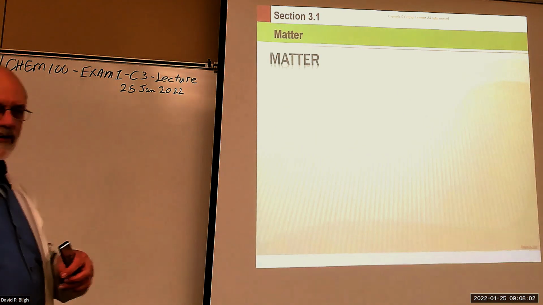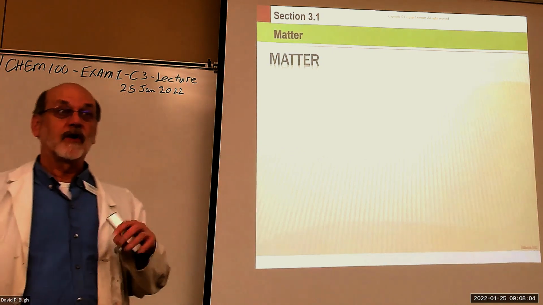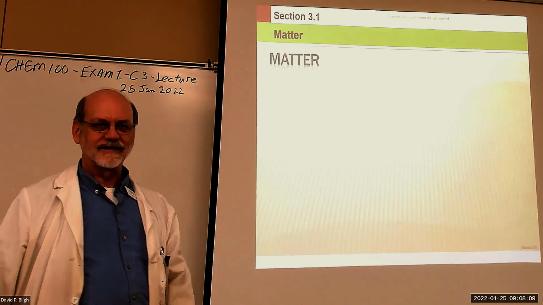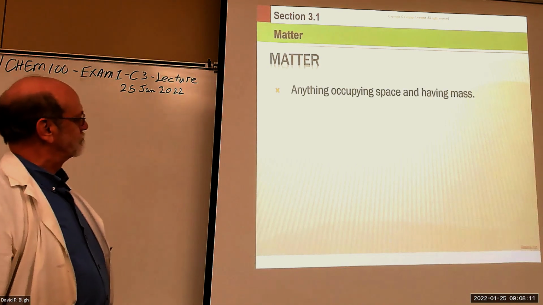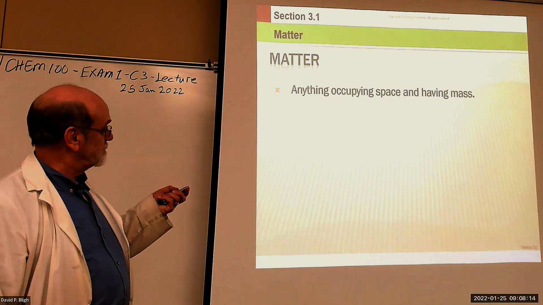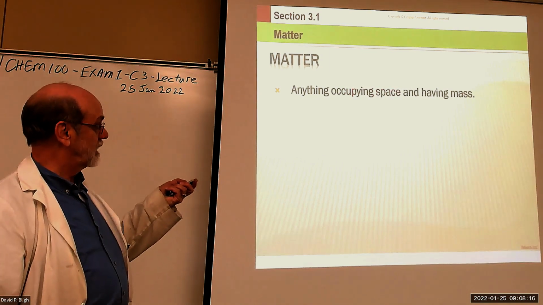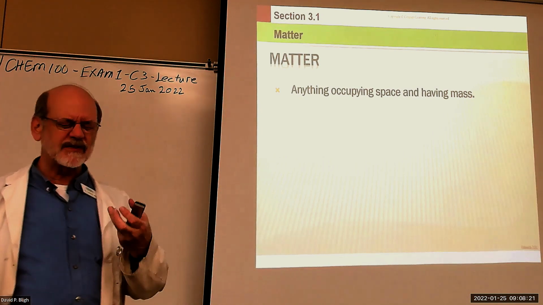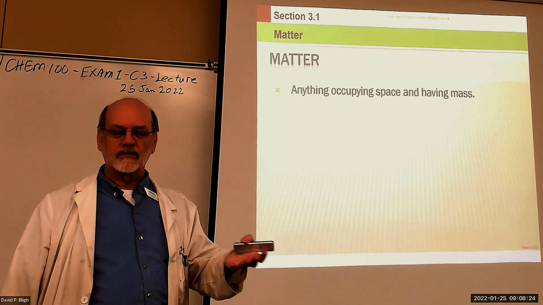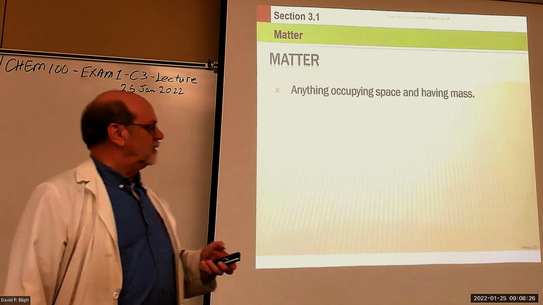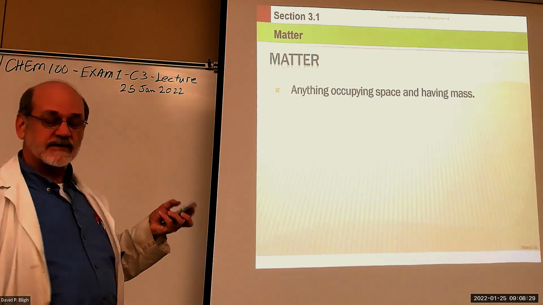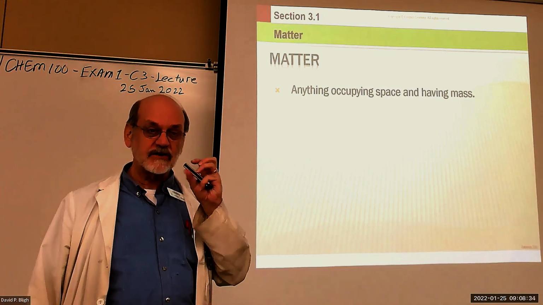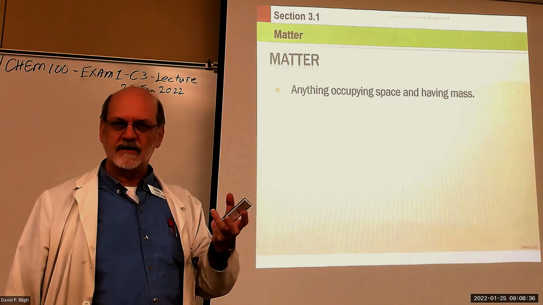All right. I remember the definition for matter from grade school: anything that has mass and occupies space. Right? This means it has a volume. Occupies space means that there's substance there. Something is there, as opposed to a vacuum where there's nothing there. And we use this term mass because that is the scientific term for stuff.